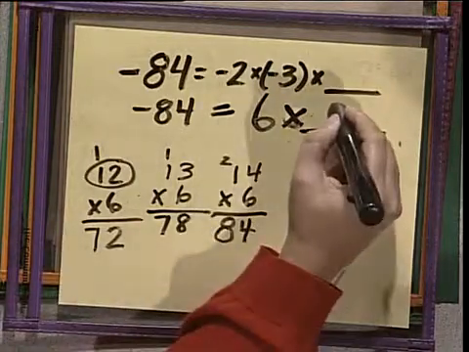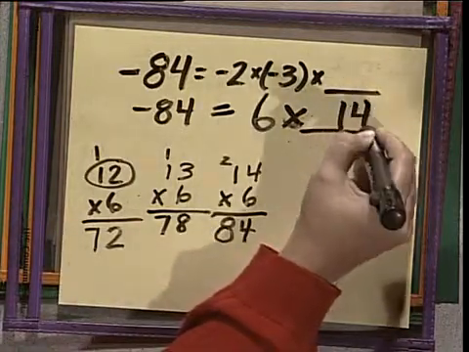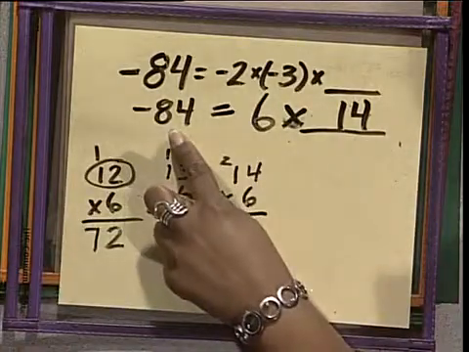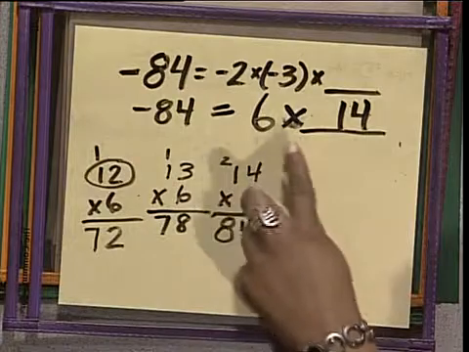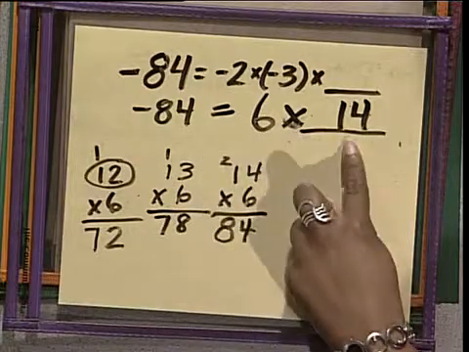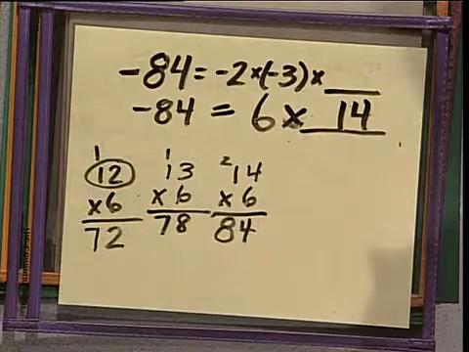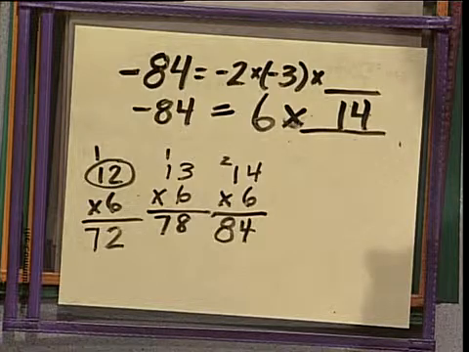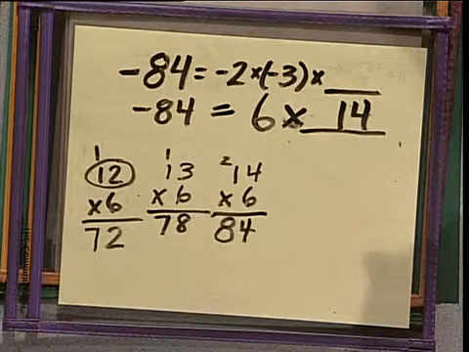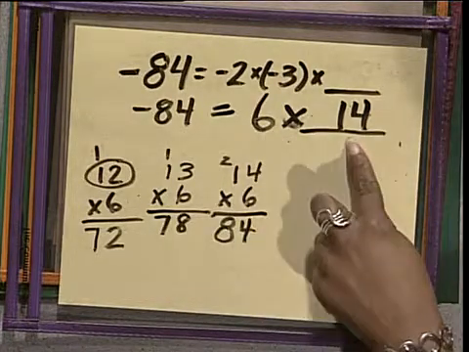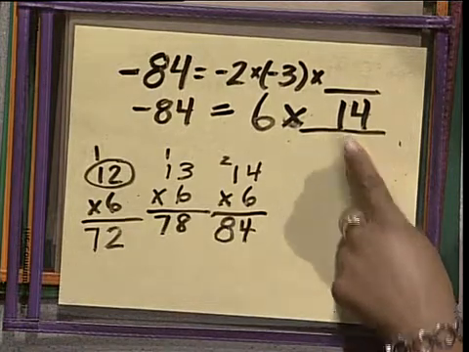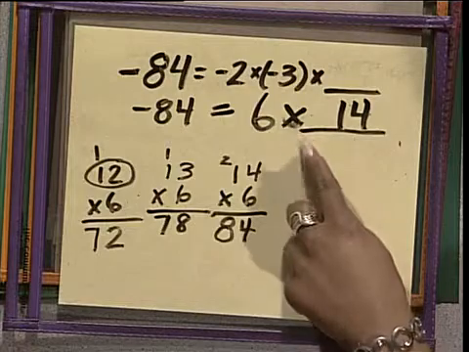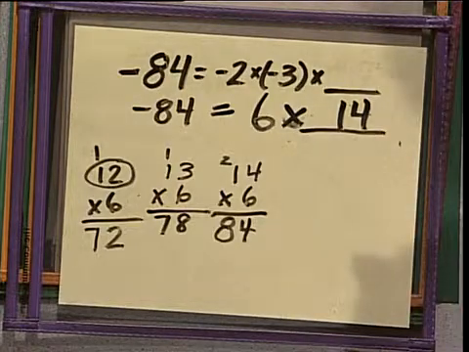14. Now, Roderick, I have one more question. On this side of our equation, what do we have? Negative 84. So if we multiplied 6 times 14, what would our answer be? 84. So how do we get a negative 84 on this side?